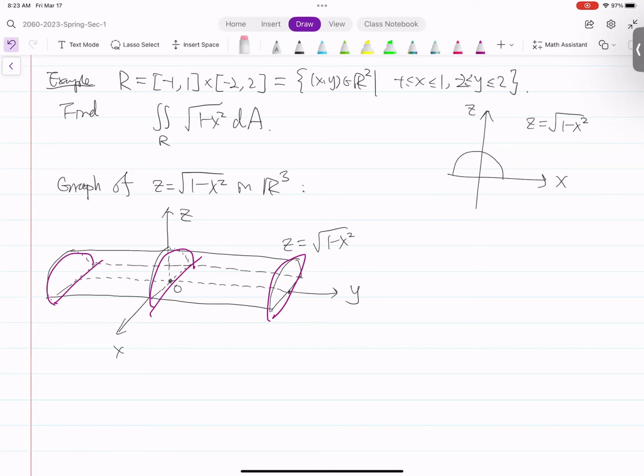If you say I have the base to be the rectangle and I look at the surface, it looks relatively complicated. But this essentially is a cylindrical kind of shape. Let me show you on this monitor.